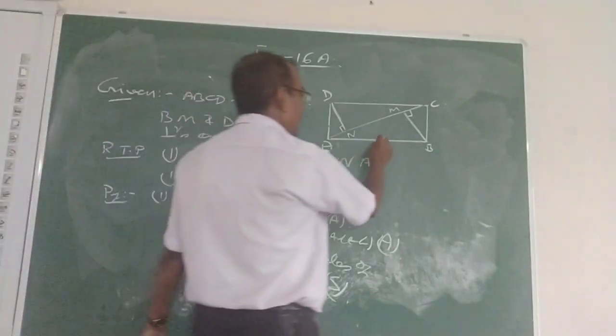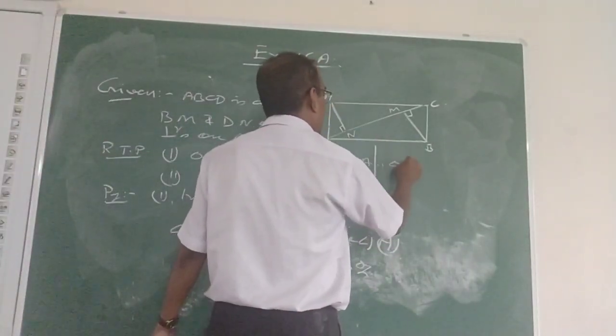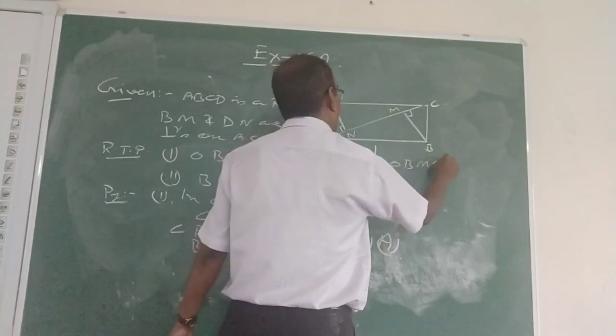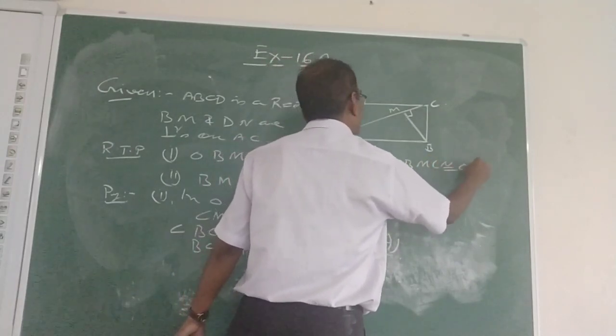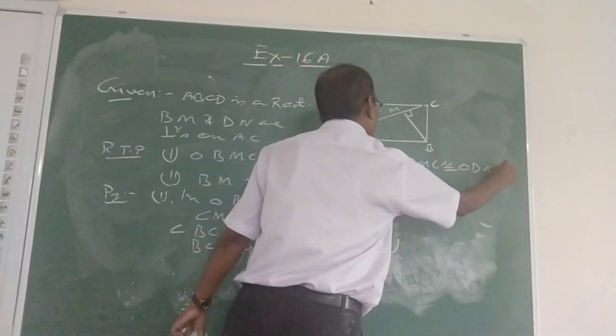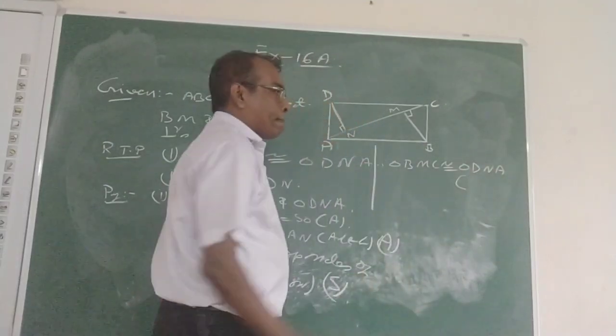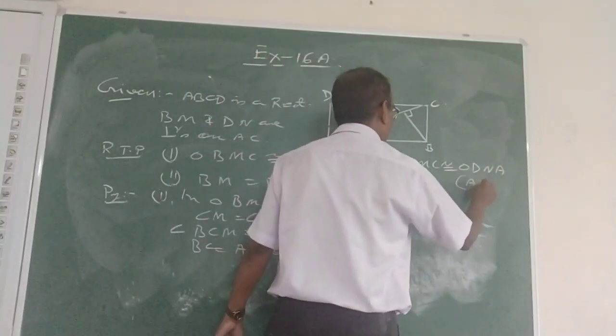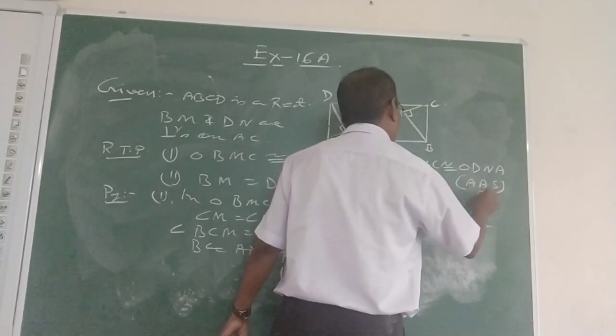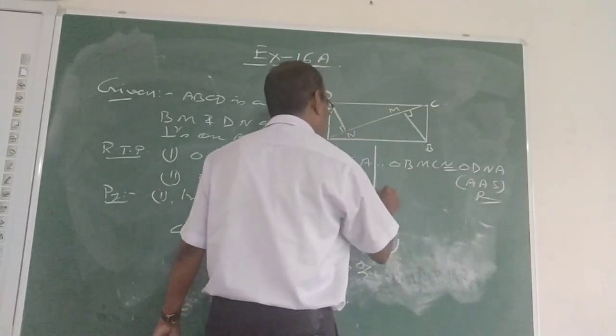Therefore, I am writing down: triangle BMC is congruent to triangle DN by AAS. Hence, this is number one.